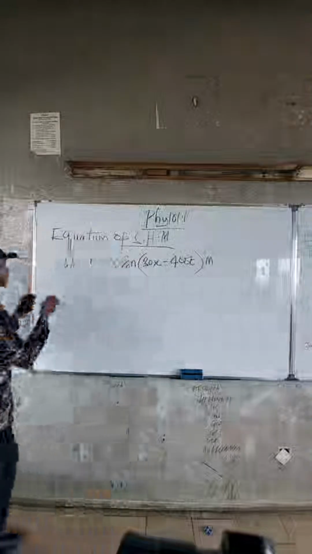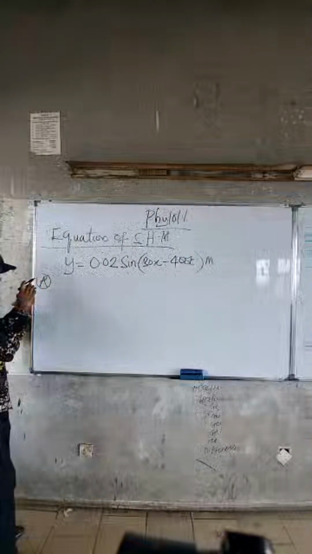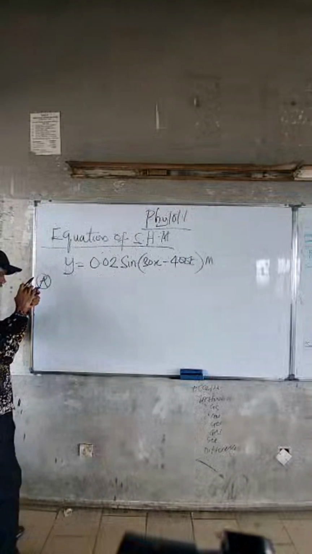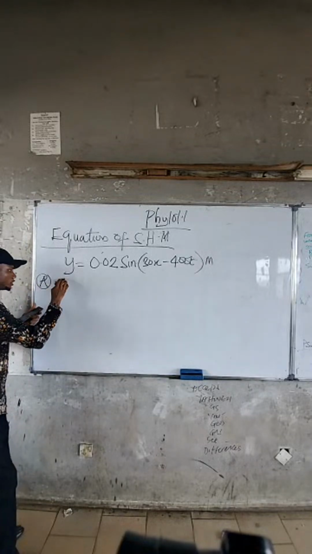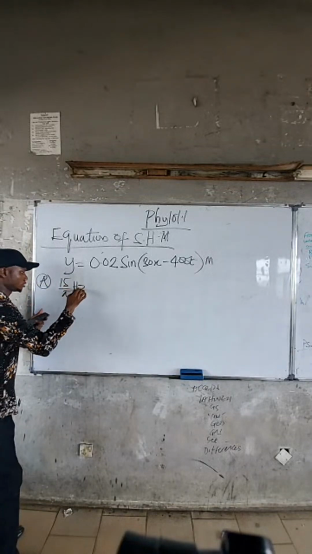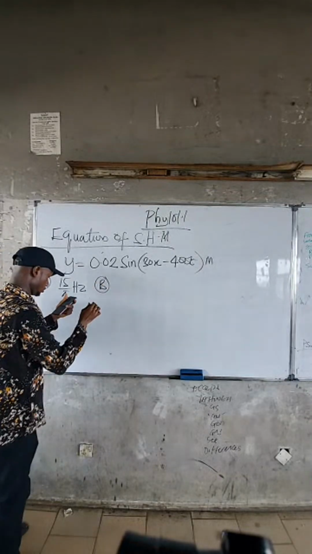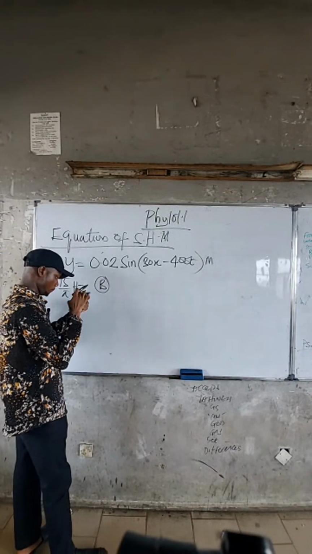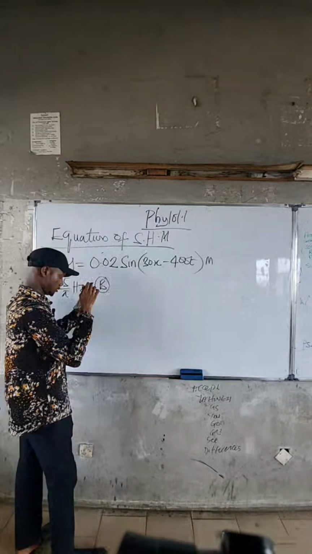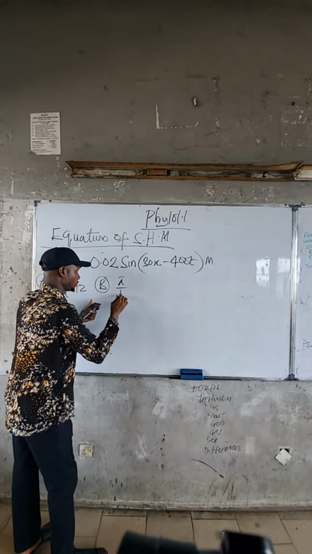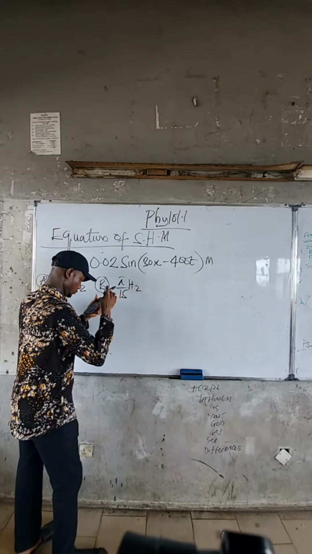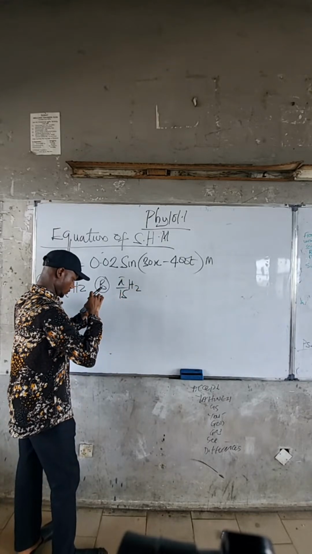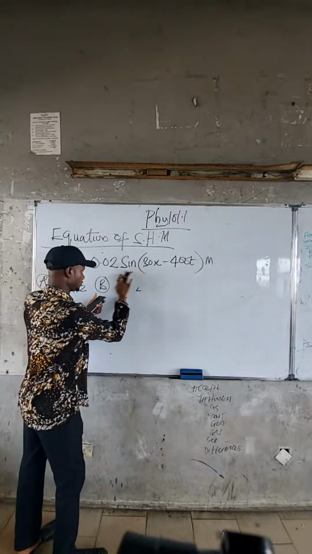the frequency of the wave is: A, 15 over pi hertz. B, pi over 15 hertz. Sorry, A is 15 over pi.